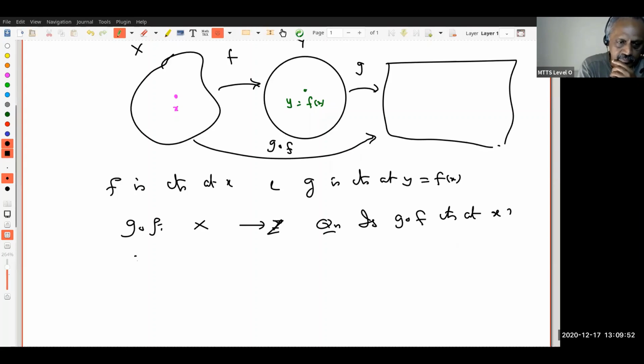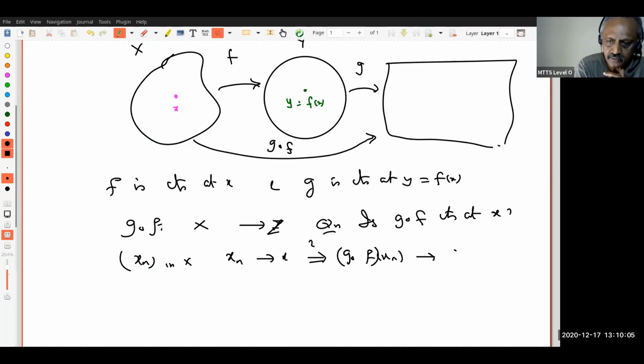At x, you give me a sequence x_n in X with what property? x_n converges to x. What am I supposed to show? I'm supposed to show that g∘f(x_n) converges to g∘f(x), because the function whose continuity we are examining is g∘f. Is that all right?